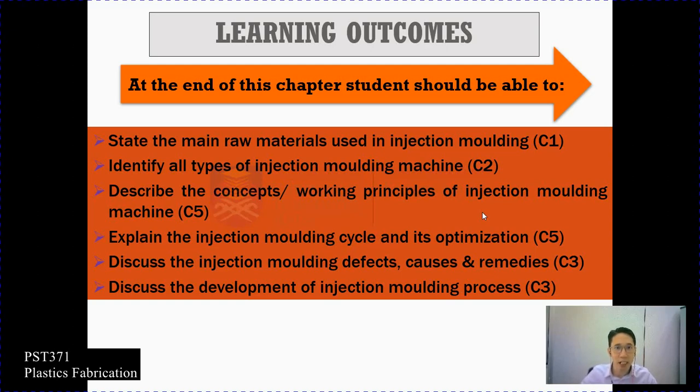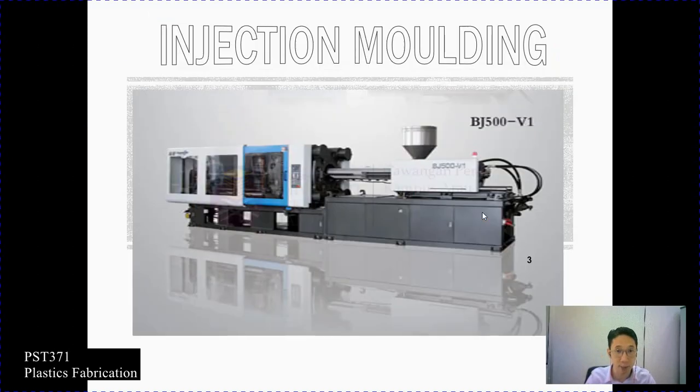These six learning outcomes will be further divided into 2 sessions. Today I will share the first part of injection molding. Later on I will share another video that continues from this chapter.